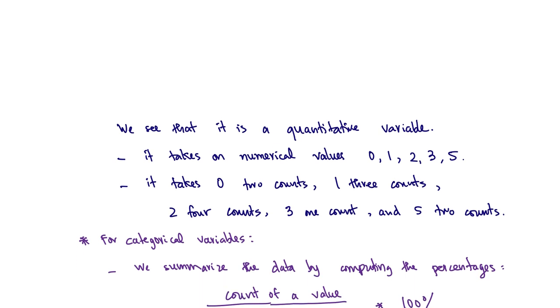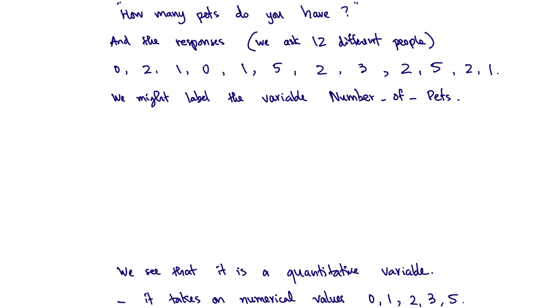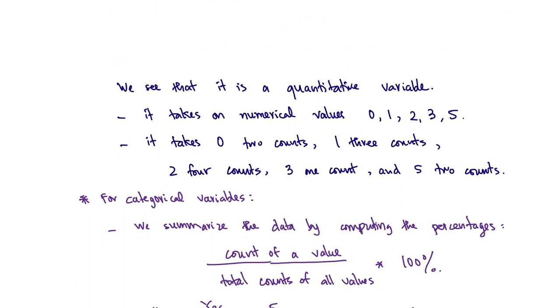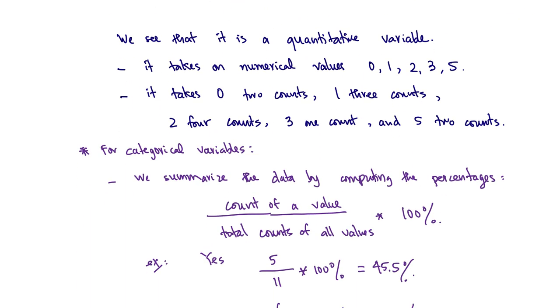Now we see that it is a quantitative variable because the values are numerical, and if we were to add the numbers of pets, it makes sense. For example, we might say that on average, there will be 3 pets per person, and that makes sense. That is why the variable is quantitative.